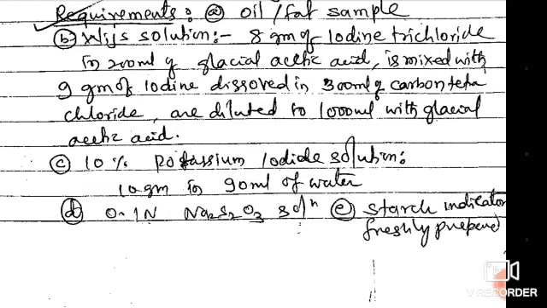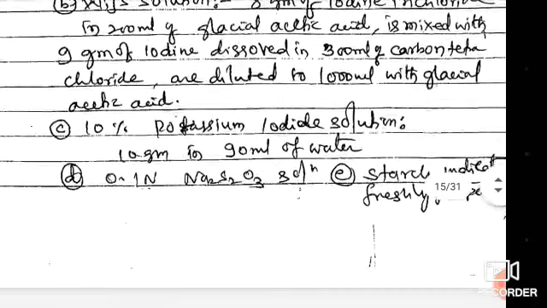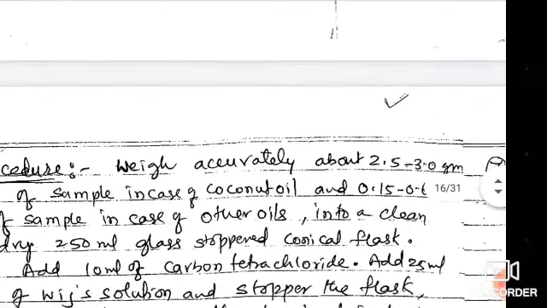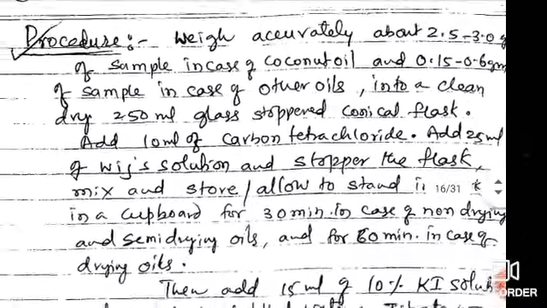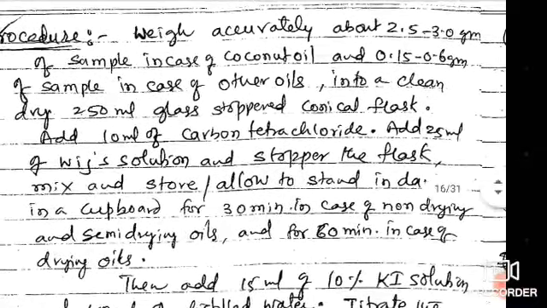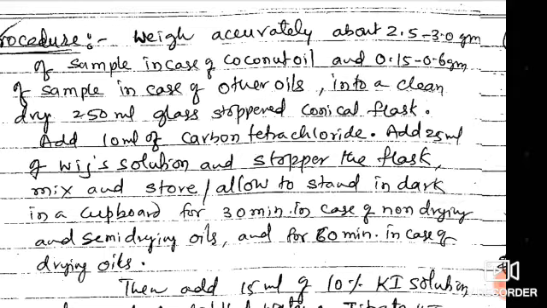Then 10% potassium iodide solution is another requirement: 10 gram of potassium iodide, KI, in 90 ml of water. The fourth reagent is 0.1 normal sodium thiosulfate solution, and starch as an indicator, which is freshly prepared. Then what is the procedure for determining the iodine value by this method?